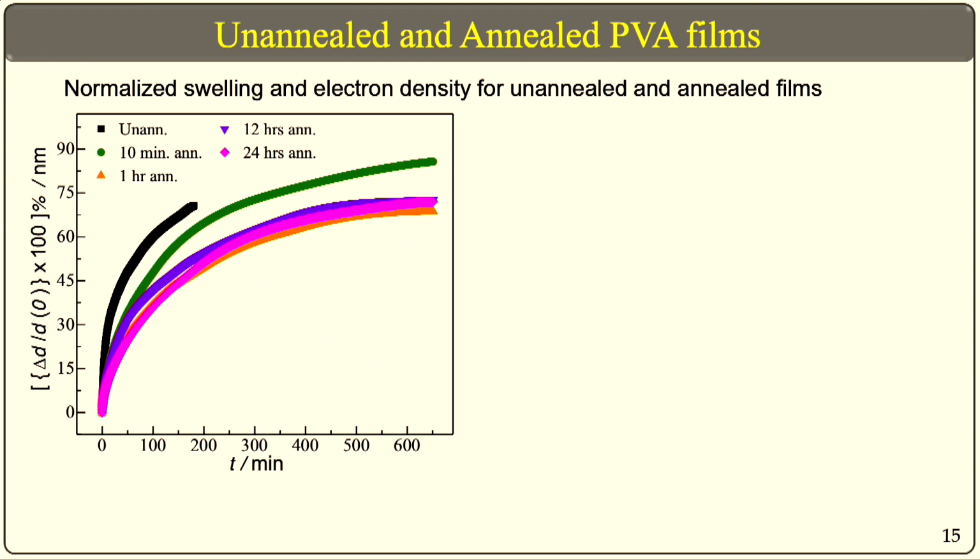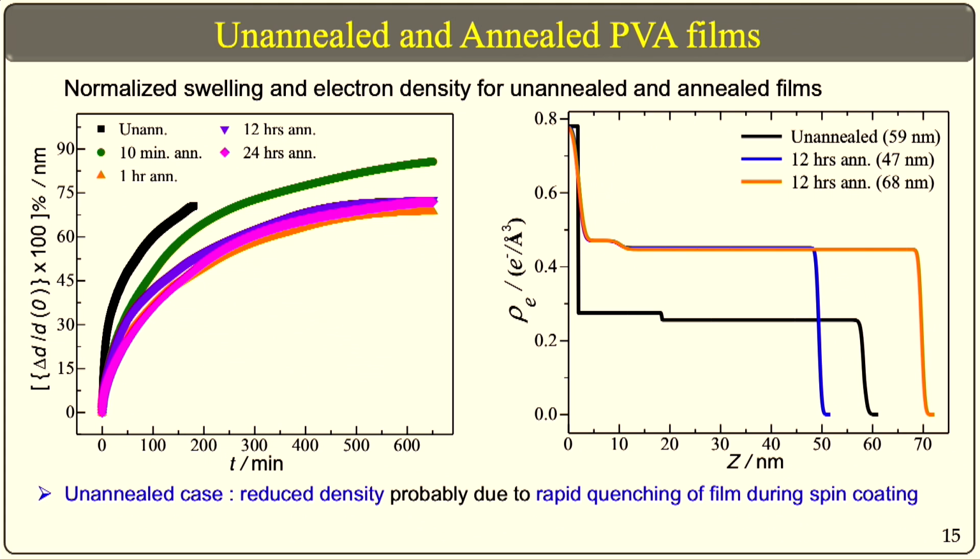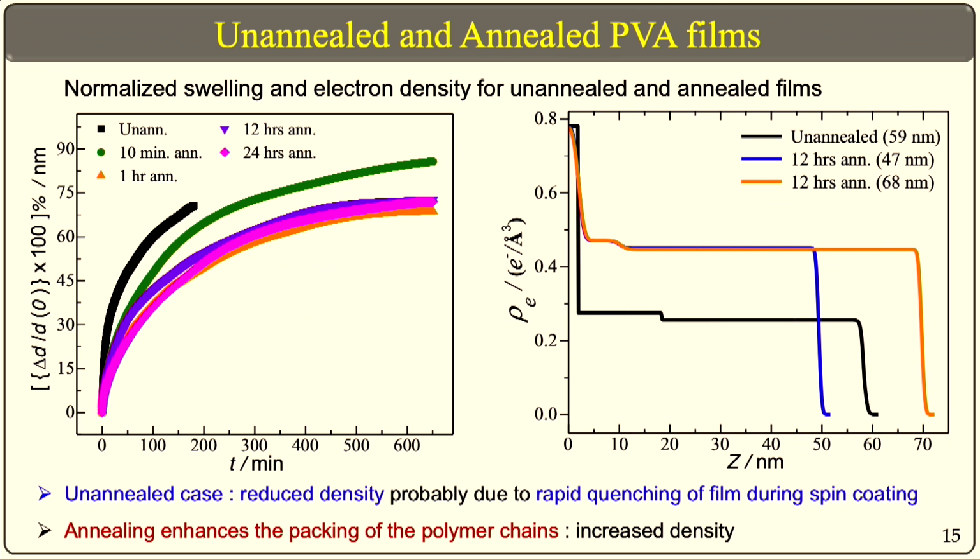For further annealing, after 1 hour, there is no significant change in the swelling spectra. Similarly, for the electron density, the unannealed film, which is about 59 nanometers, has a bound electron density relatively much smaller than the annealed film. The take-home message is that annealing seems to pack the polymer chains towards the substrate, which leads to an increase in the electron density.